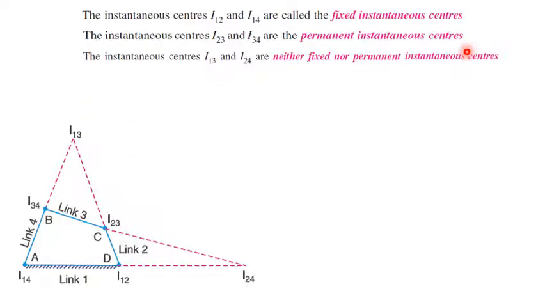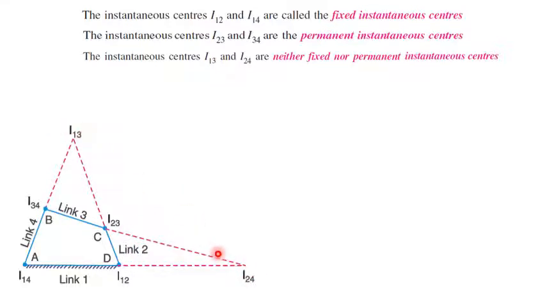Next, I13 and I24 are called neither fixed nor permanent instantaneous centers, because they vary with the configuration of the mechanism. This is one configuration, but as the crank rotates either anti-clockwise or clockwise, the positions of these two will change.